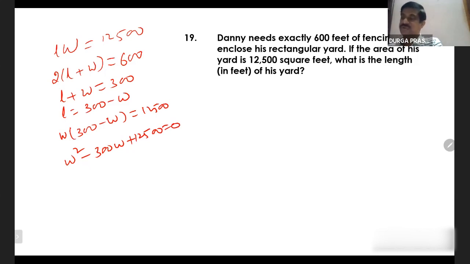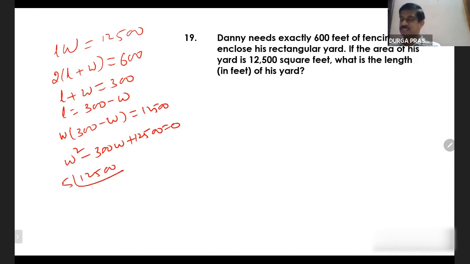So he is asking to find the length. So let us eliminate width. So instead of W, we can get length also. So these are the factors for 12,500. You should get 300, some of those things.